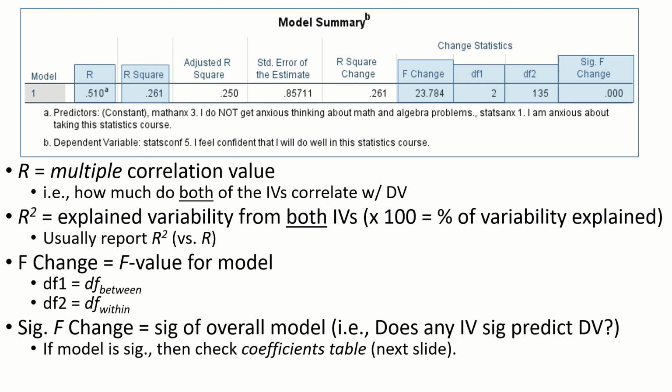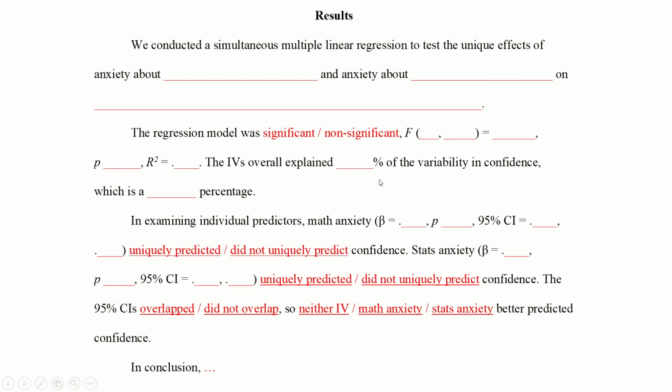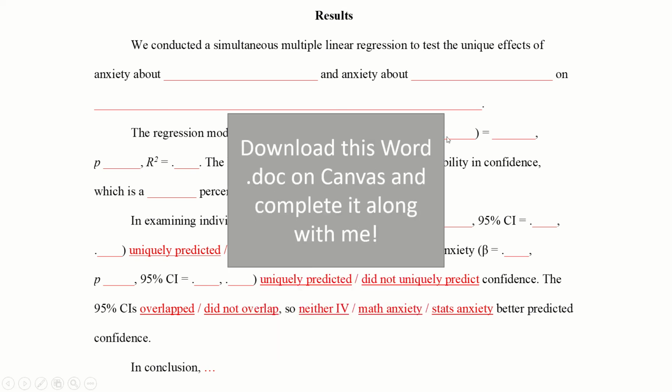But right now, we are going to start filling out the write-up for this multiple regression analysis, right? So you will find this Word doc on Canvas, and I recommend that you download this Word doc and then complete it along with me here.